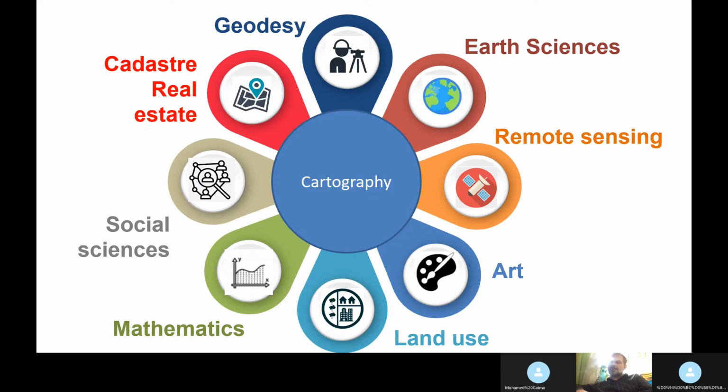Also aircraft and helicopters and all the equipment give us an enormous amount of data that can be put on a map. Well, some scientists think that cartography is a kind of art.